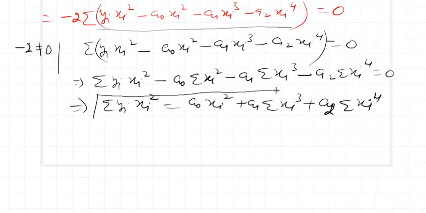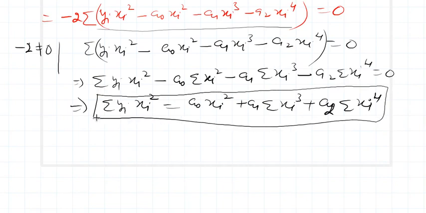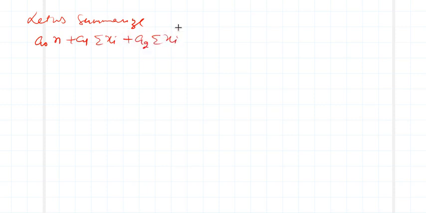So let me summarize these three equations together. Let us summarize the result. If I summarize these, then it is a naught n plus a1 summation xi plus a2 summation xi square is equal to summation yi.